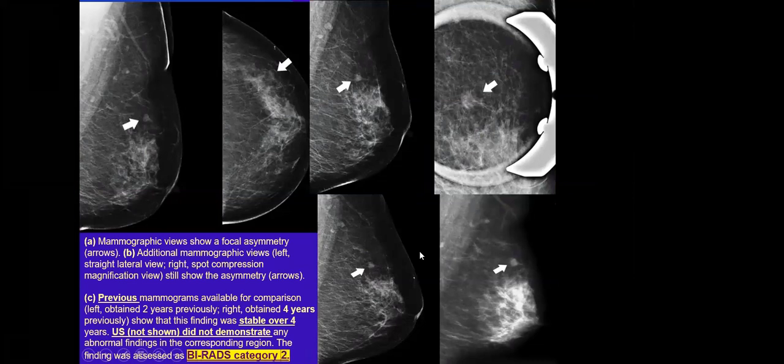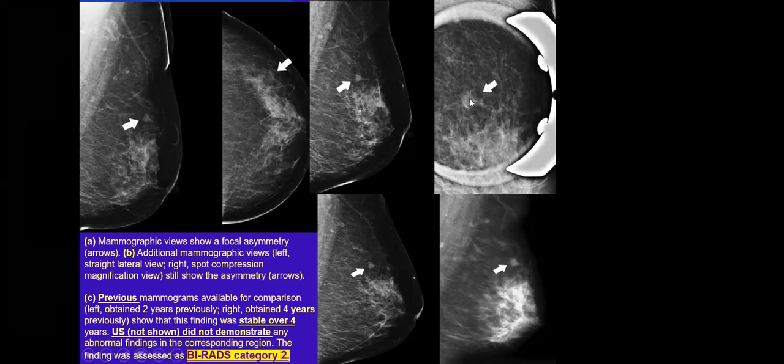So we have to go for the previous mammogram available for comparison. It was obtained 2 years previously and 4 years previously. We have 2 years and we have even 4 years previously, and this focal asymmetry was stable for the 4 years, so it will be BI-RADS 2.